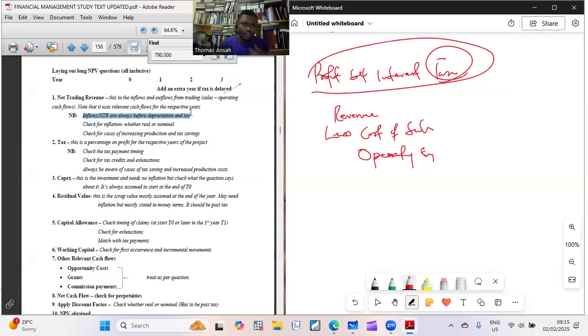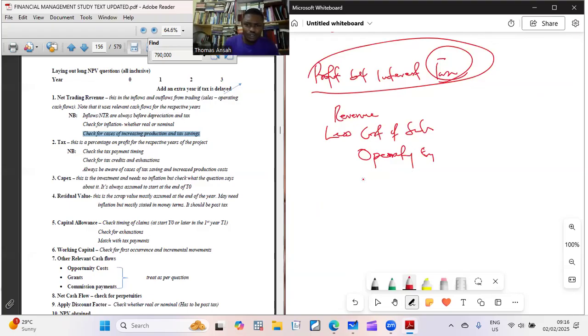We've said that, all right? And when you are doing a check for inflation, check whether the figure is real or nominal. And check for cases of increased production and tax savings. For some of the questions, the net trading revenue is given already. And in some of the questions, they will tell you that the figures they are giving you, tax has already been subtracted. So check for all those things, all right?